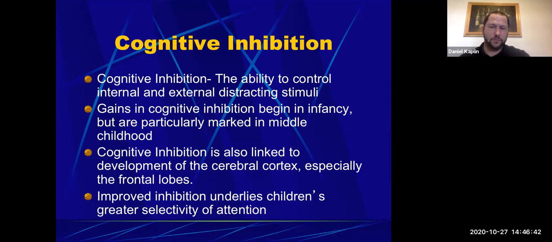Well, how does this happen? From a biological point of view, we tend to see rapid development in the cerebral cortex, especially the frontal lobe. So when it comes to the prefrontal cortex, that is critical for being sort of like a brake valve and inhibition, making good decisions, judgment, planning, memory, and all of these things.